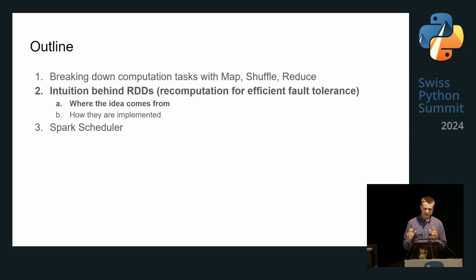And so now I just wanted to talk a bit more about the other core idea behind Spark, which is these resilient distributed datasets, where they come from, the problem they're trying to solve, and how they're actually implemented.